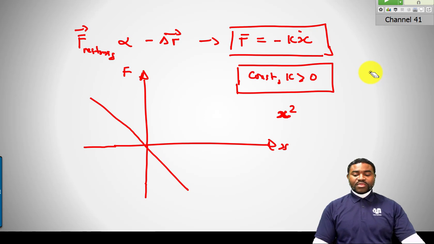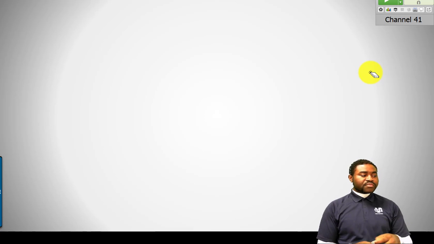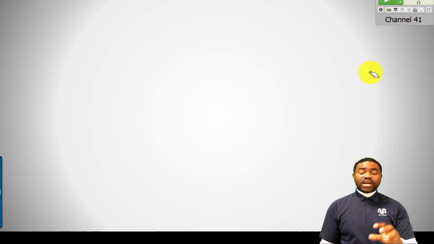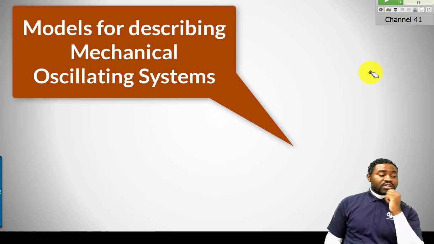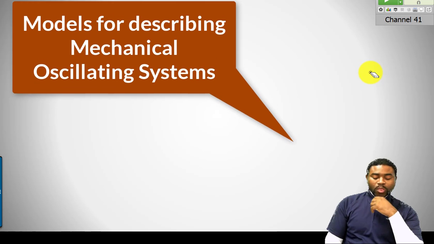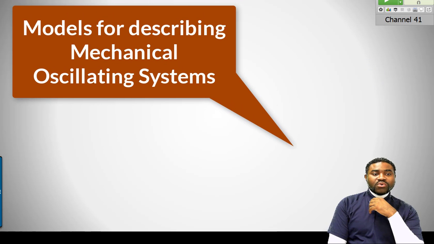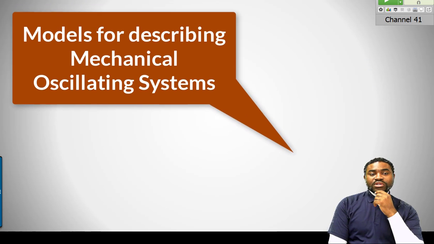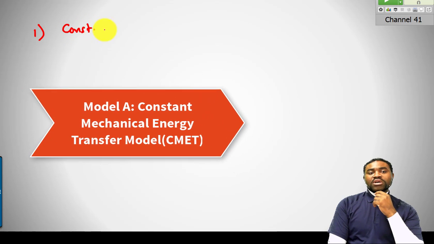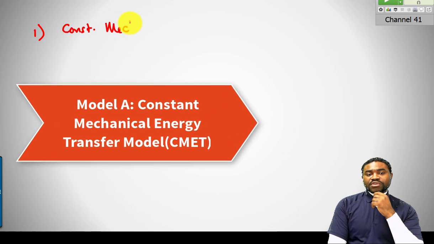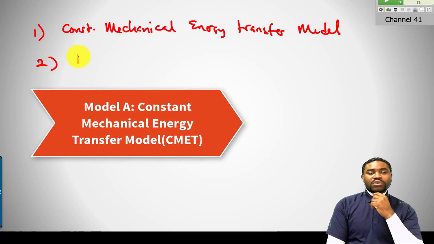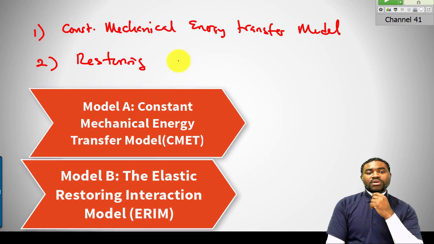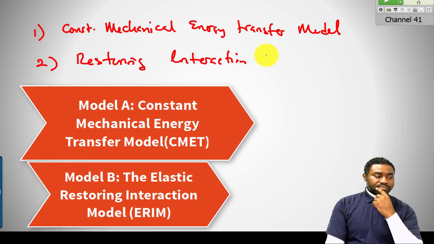So these are the properties that must be possessed by a system in order for the system to perform mechanical oscillation. Now, when analyzing mechanical oscillations, there are two important models that you could use. You could either use the constant mechanical energy transfer model, or you can use what we call the restoring interaction model.